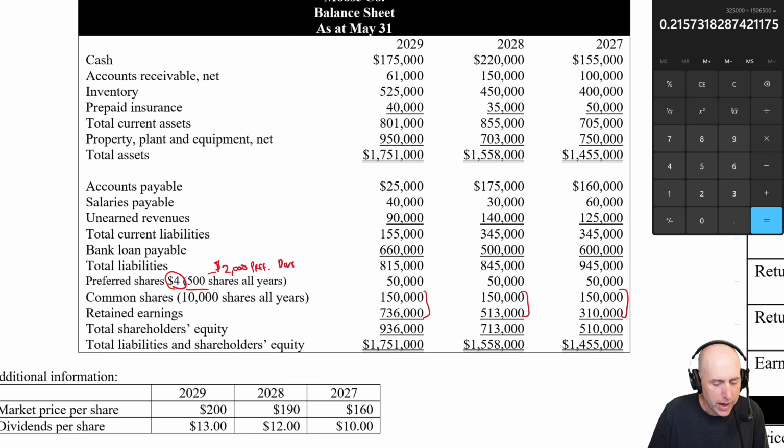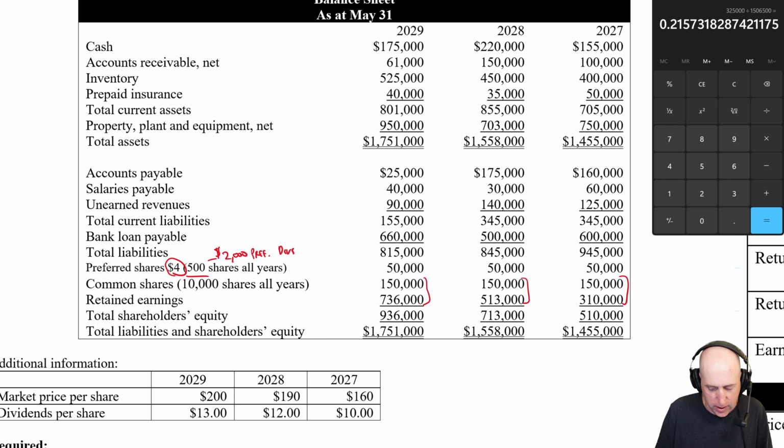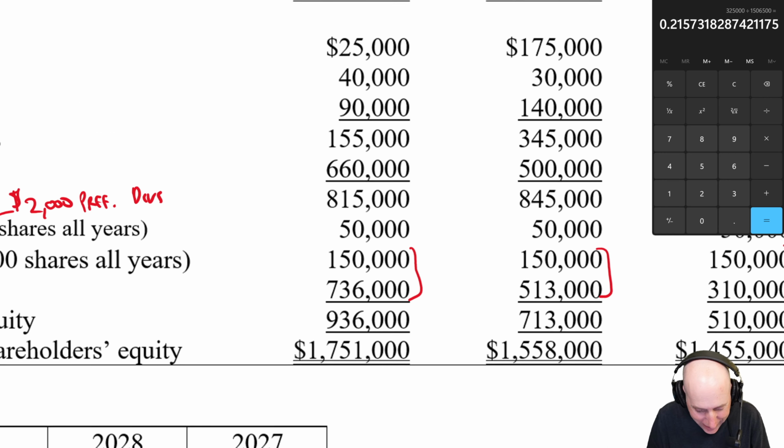The denominator is average common shareholders' equity. So we've got to do a bunch of math here. Our common shareholders' equity is all the equity accounts excluding preferred shares, which is common shares and retained earnings, typically. If you take an advanced class, you might learn about AOCI, but we'll leave that for another class.